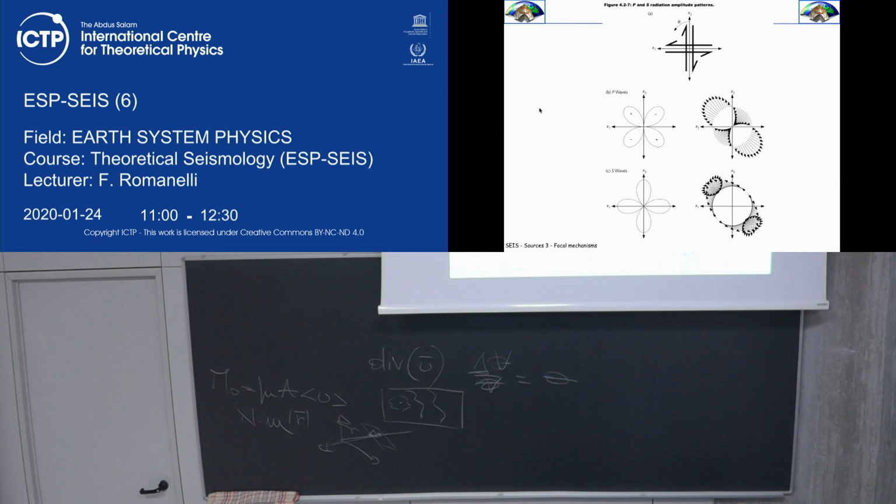Okay, the radiation pattern induced by that slip or by the double couple is this one for P and S. It's complementary for lobes. Because now we're looking at a section along phi equals 0. So essentially it's a sine of 2 theta and cosine of 2 theta. Simple, right? Okay.